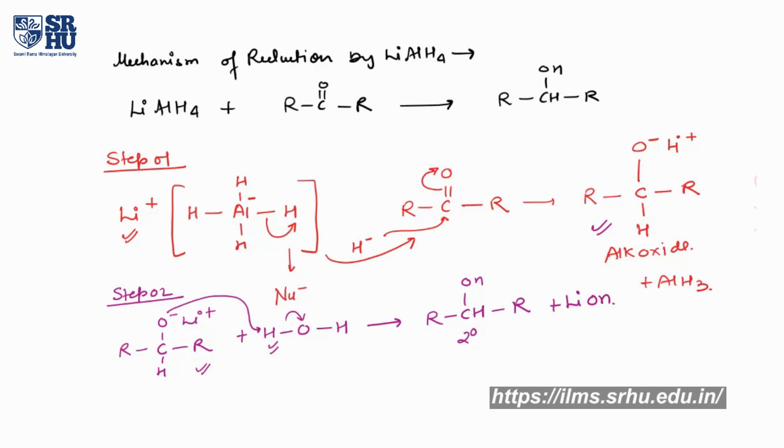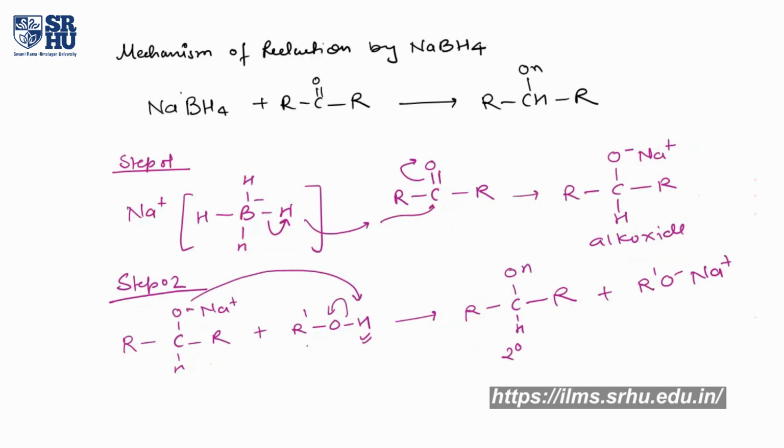So when proton is presented in form of water, it quickly takes it and converts into secondary alcohol. Meanwhile, here it's again an alkoxide ion. It takes away proton from the alcohol, because the alkoxide ion requires a relatively weaker acid, so we are using alcohol, which becomes a source of proton and forms a secondary alcohol.